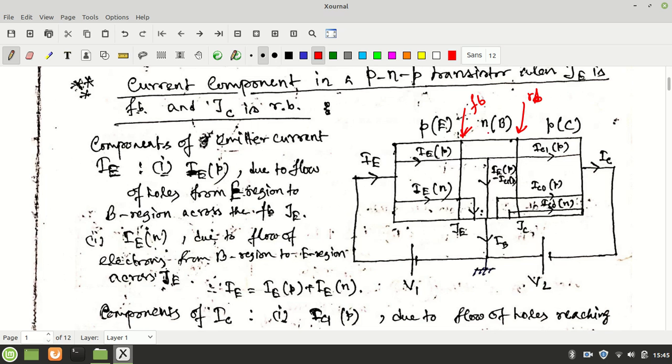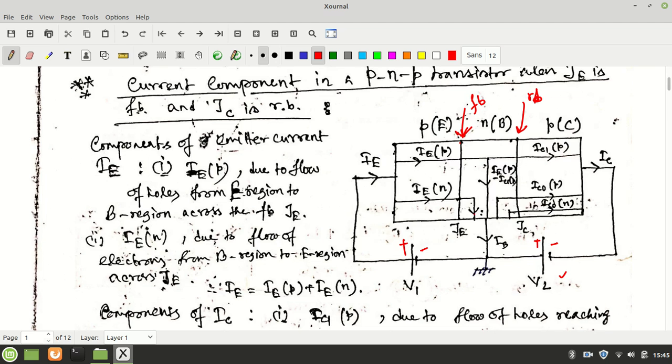You can see here, as the emitter is P, it is connected with positive, and the base is connected to negative. Base is N type and negative, so it is a forward biased junction. Similarly, for reverse bias, you should connect the P type with the negative of the battery. So it is connected like that with the V2 battery.